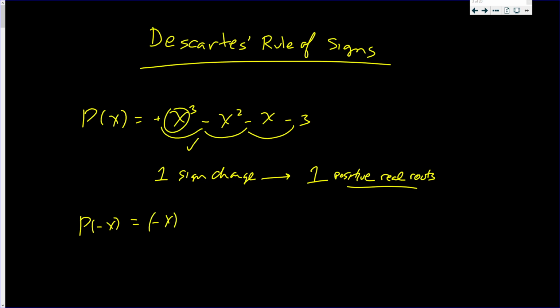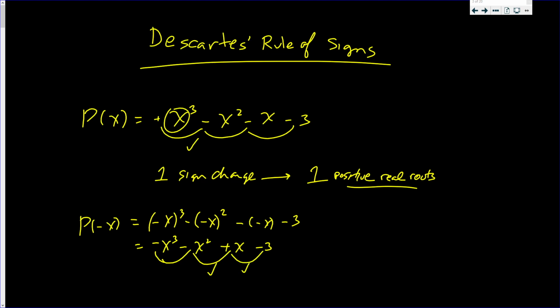Negative x cubed minus negative x squared minus negative x minus 3. This is negative x cubed minus x squared plus x minus 3, and it's in descending order. No sign change. Oh, there's a sign change. Oh, another sign change. There are 2 sign changes.